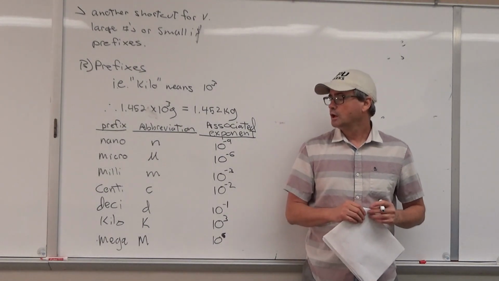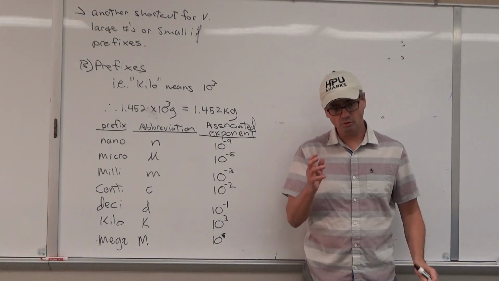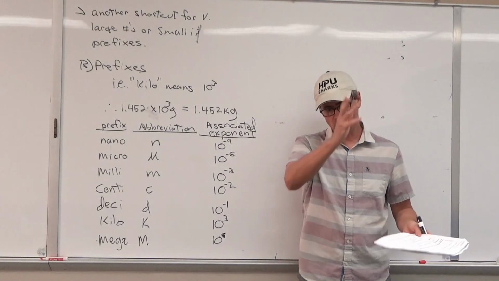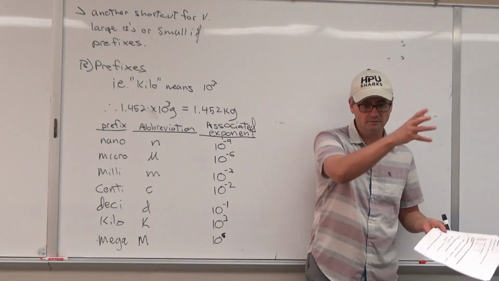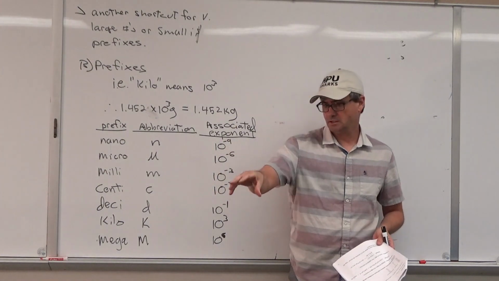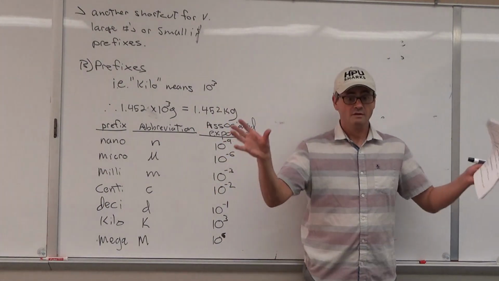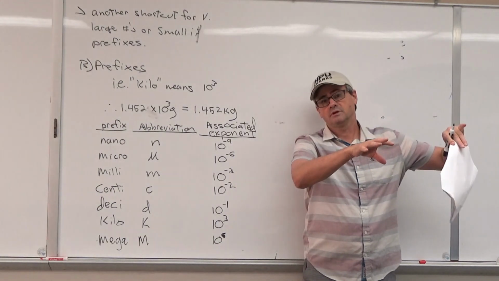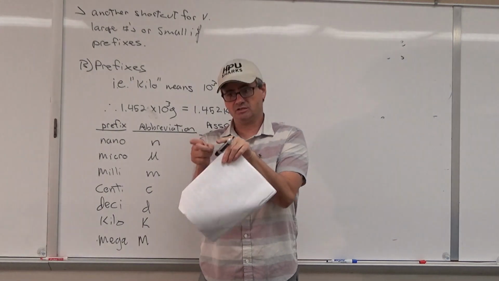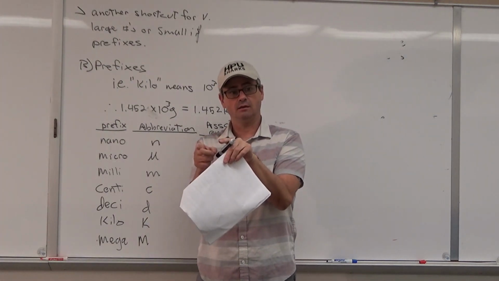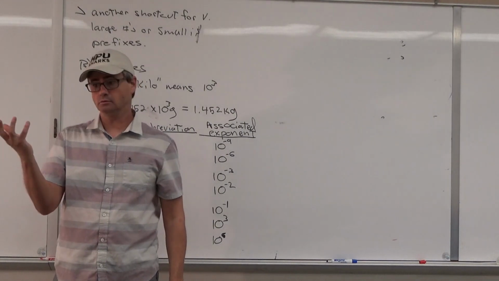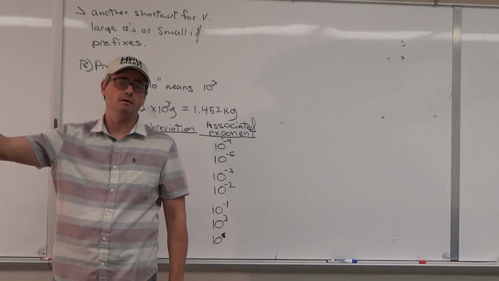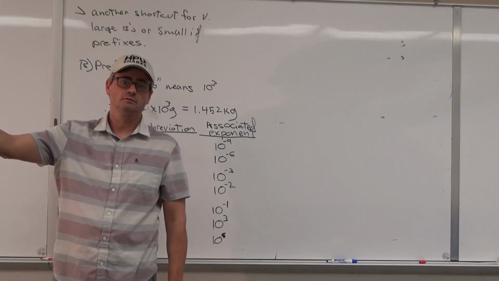For multiplication, if you're multiplying two scientific notation numbers, you multiply the digit numbers and add the exponents of the 10. The answer will have times 10 to the sum of those two exponents.